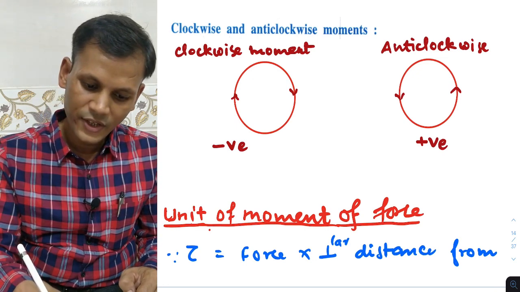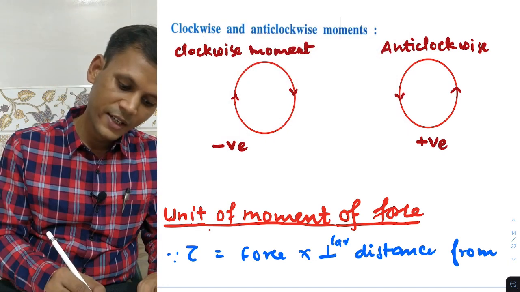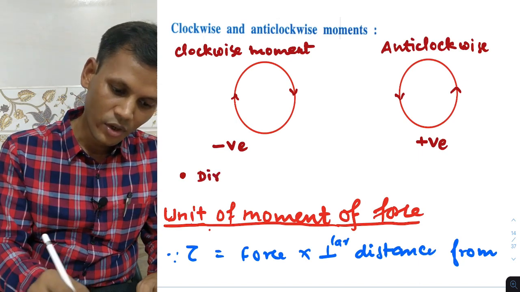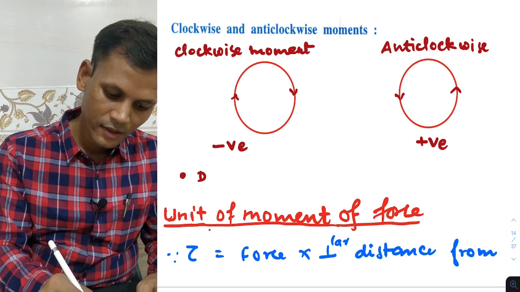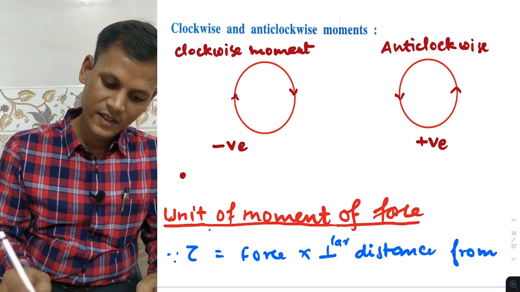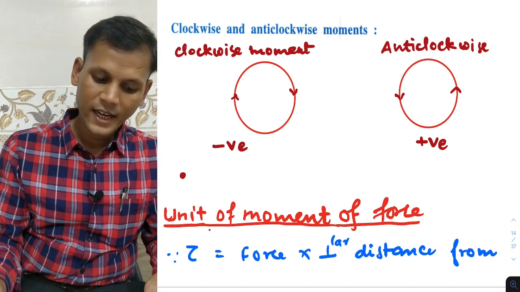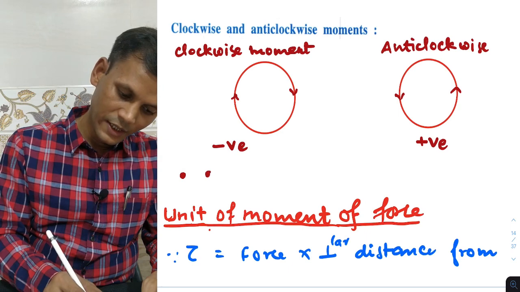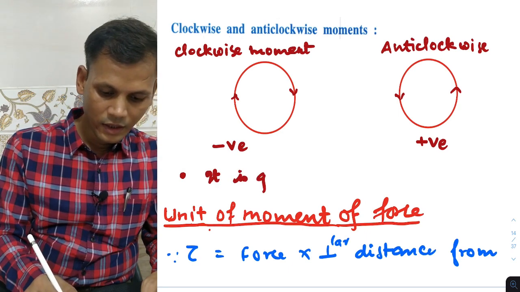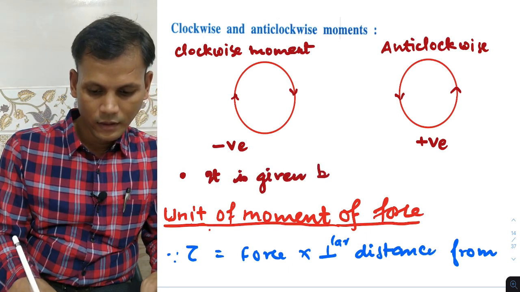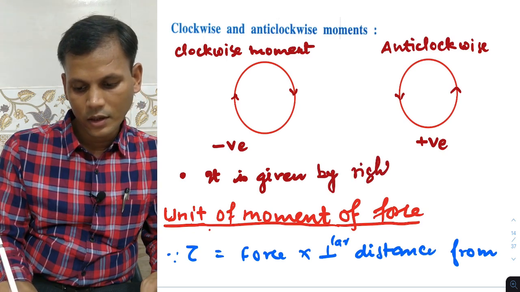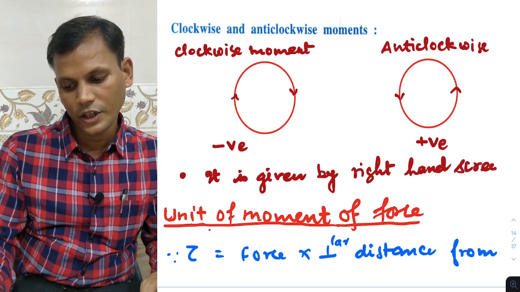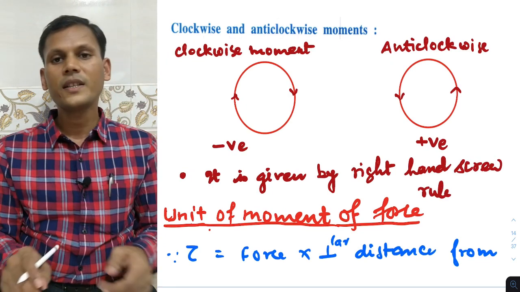So I will write: the symbol, not direction, sorry, this positive and negative is given on behalf of the right hand screw rule. Now what is the right hand screw rule?